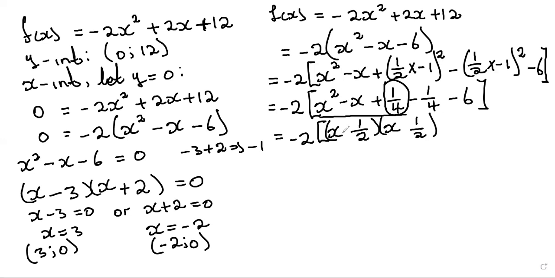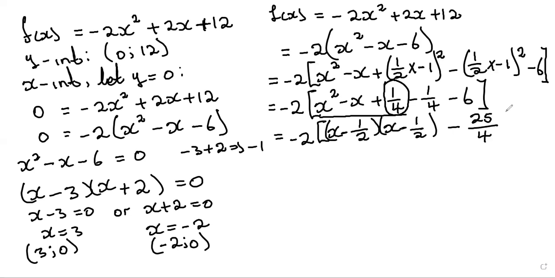But now the signs need to be negative, so that -half minus half is going to be -1. Then from here, if you say -1/4 minus 6, you are just going to get 25/4.